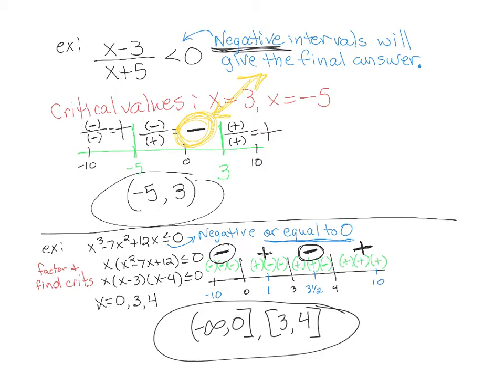Okay? Then I'm going to set each of those guys equal to 0 to get my critical values. The top gives me a 3, the bottom gives me a -5. So here's my critical numbers. I'm going to put my critical numbers on the number line, the -5. By the way, I know it's simple, but make sure you're putting these guys in order on the number line from minus infinity to plus infinity.